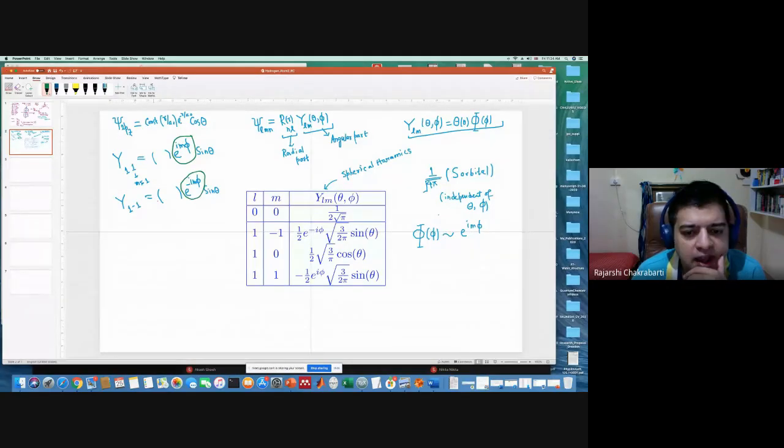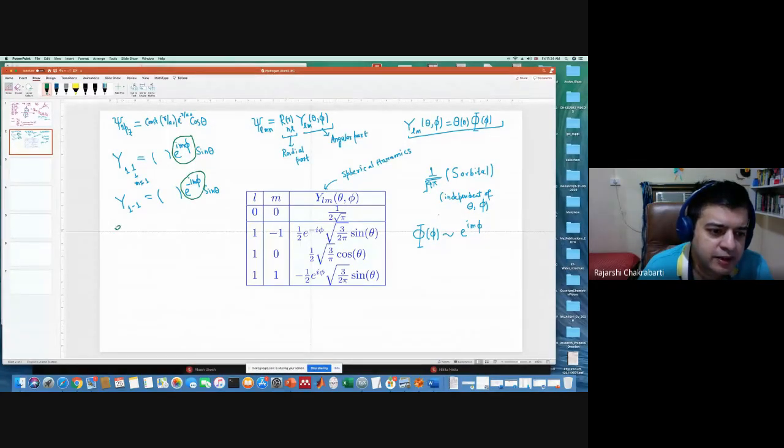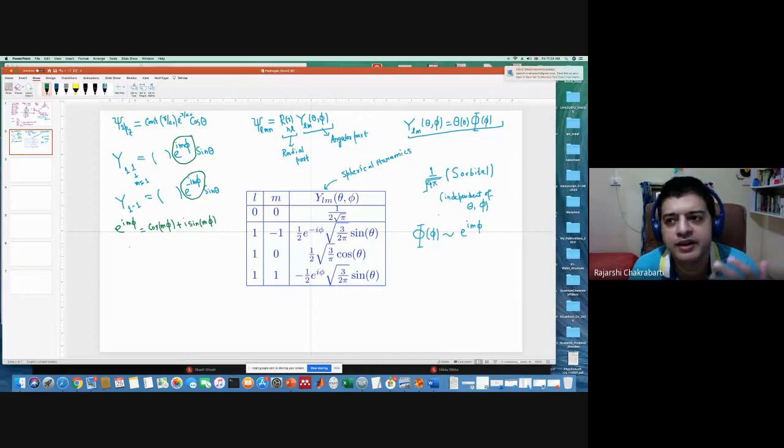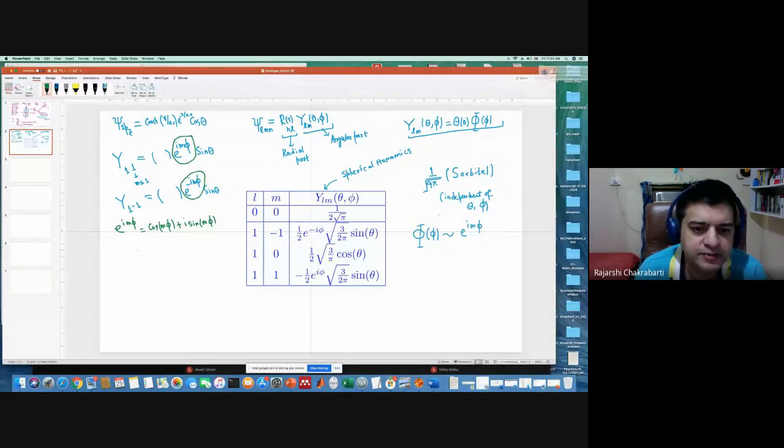So what they do, they say, okay, we will not take this, rather we will take a linear combination of this using this simple formula, which I know: if I take exponential of i m phi, this is equal to cos m phi plus i sine m phi. Everybody knows this? Yes, sir. And then from there, you can define sine and cosine in terms of exponential functions.